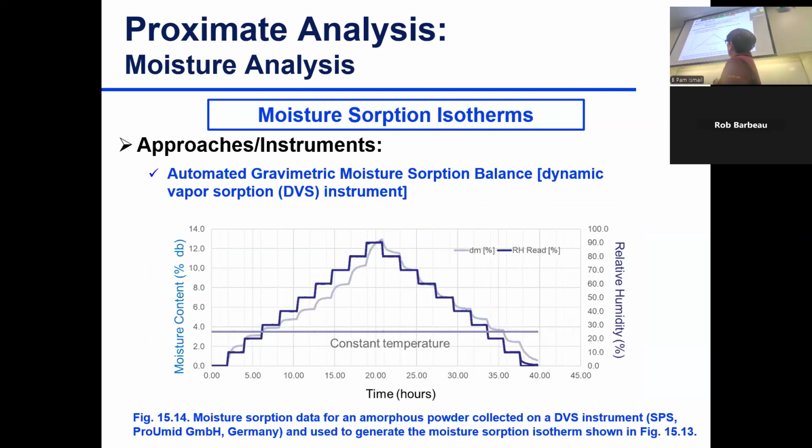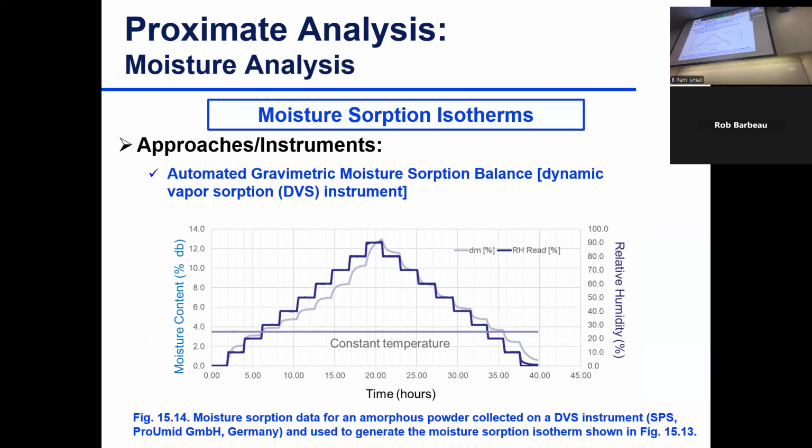You could have an automated way to measure an isotherm instead of incubating the samples for 3 weeks, reaching equilibrium, and then measuring moisture content, and then measuring water activity.